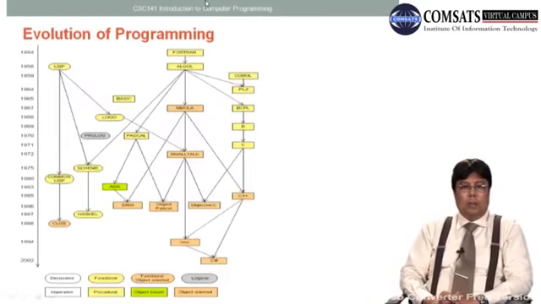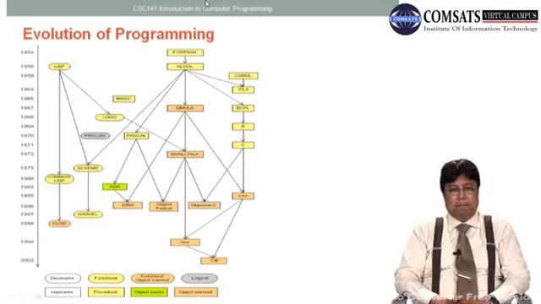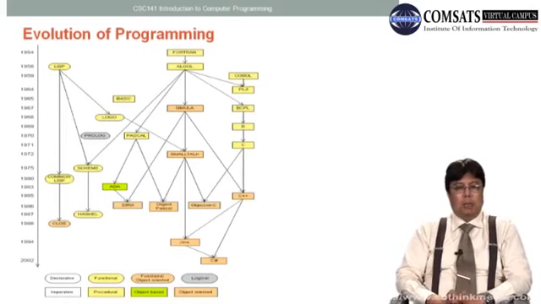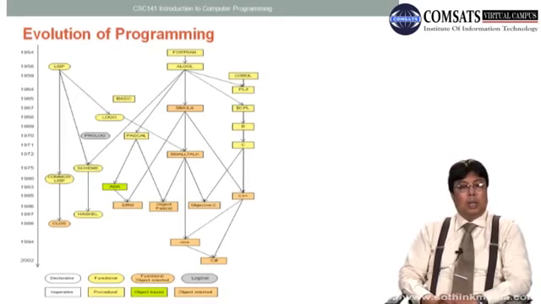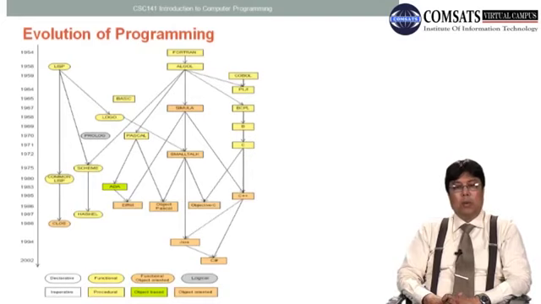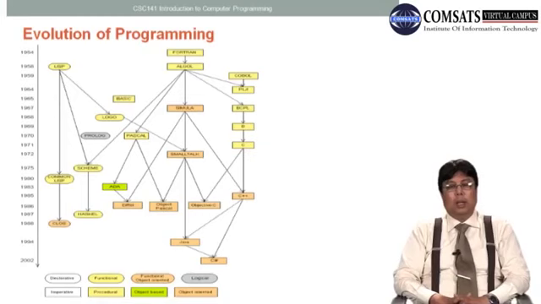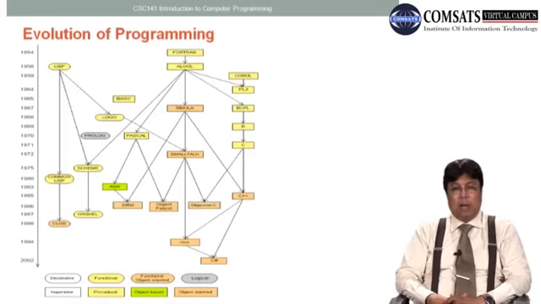This is the evolution of programming. I picked up this slide and I've given you the reference in the beginning. It started in 1954 from Fortran, but before Fortran we had assembly language, and before assembly language we had machine language.